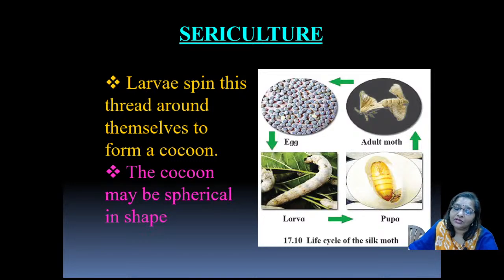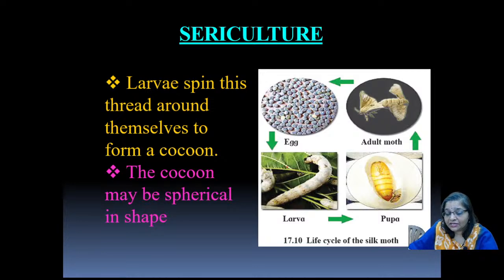So thousands of eggs are deposited, and after a few days these eggs break, and the larvae peep out of them. These larvae start feeding on the mulberry leaves and grow into large larvae.